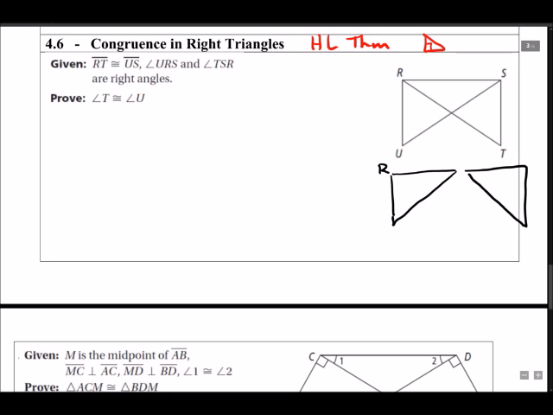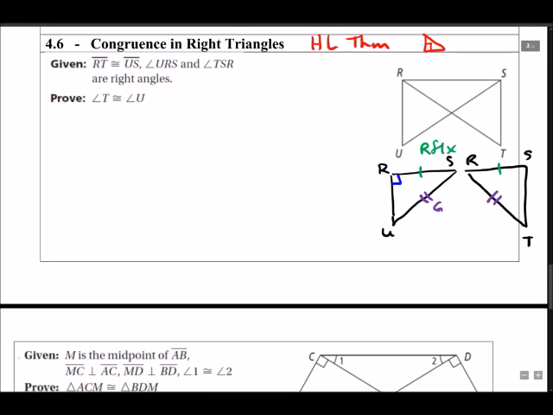So here's RSU and RST, and I can't help myself but mark those reflexive, and then go here and say that RT is that, and US is that, and then my angles, URS is a right angle.